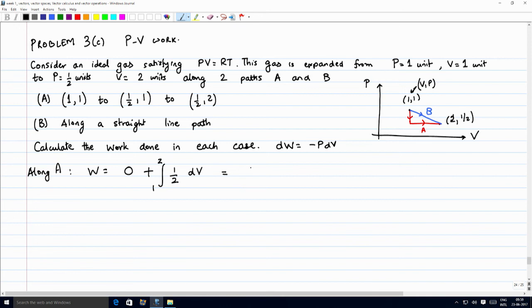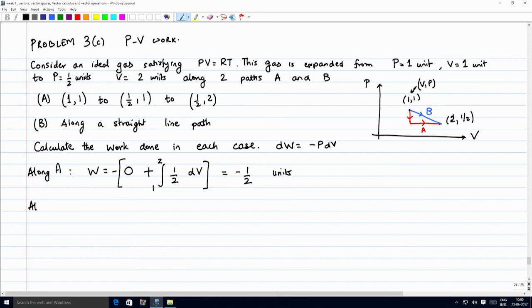So the total work done will just be half into 1, that is half units. I should put a minus sign here. So, the total work done is minus half units. This is the work done along path A.